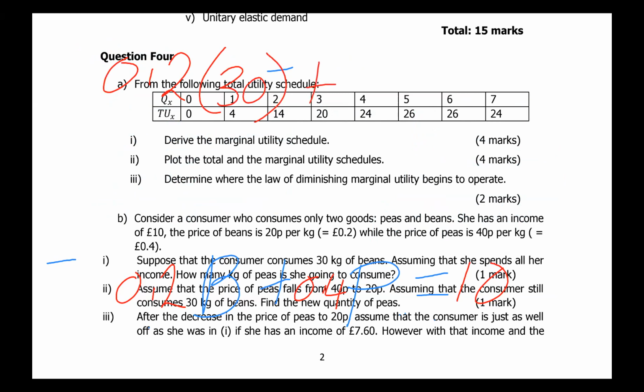Plus 0.4 P is equal to income, 10. Okay, so how many kgs of peas is she going to consume?